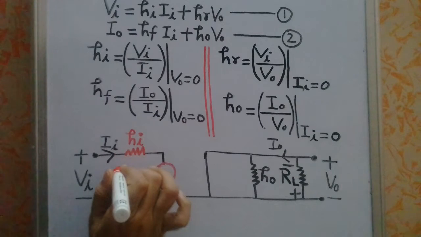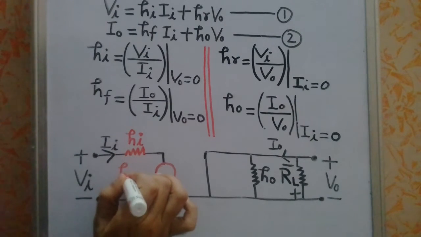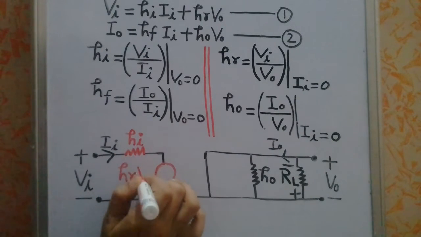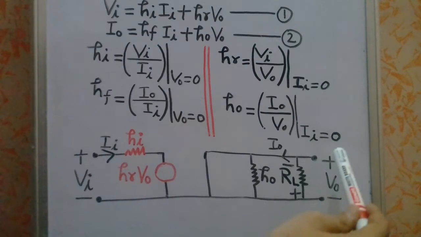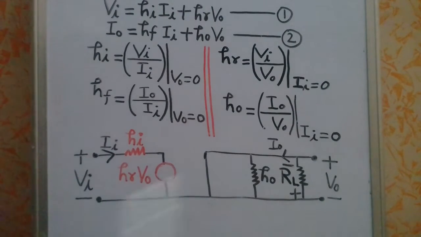This voltage is hr times voltage, which is basically depending on the output side voltage Vo. So this is basically a dependent voltage source whose voltage depends on output voltage Vo. So this is hrVo, right?